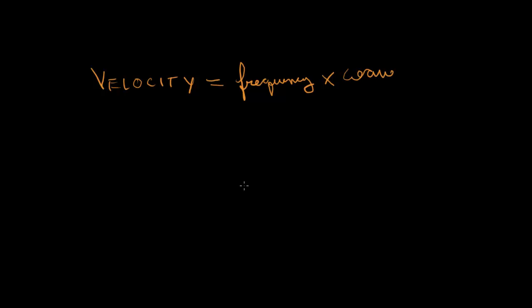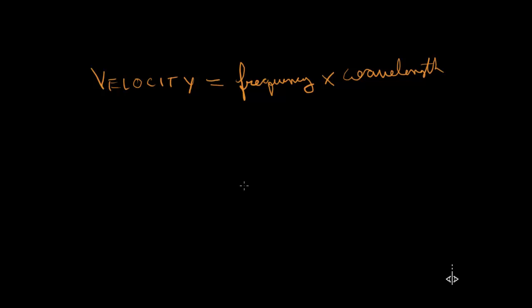Now that we have covered almost all of the wave parameters, I would say successfully, it's time to try to understand a very important wave equation, which is the velocity of a wave is equal to the frequency multiplied by the wavelength.